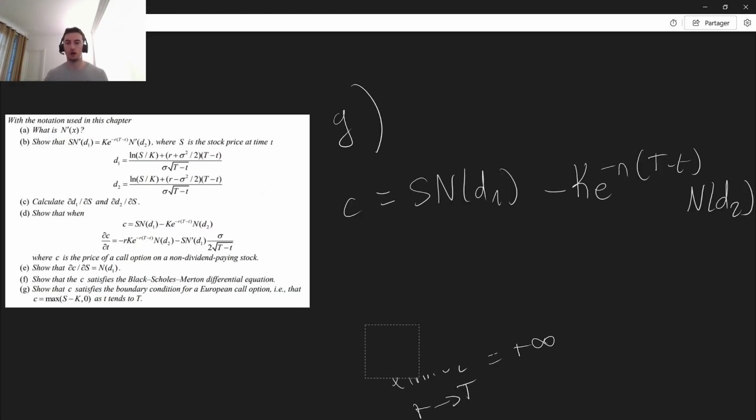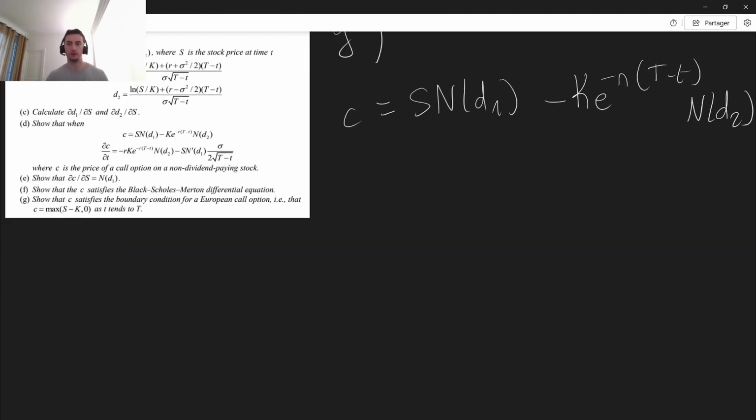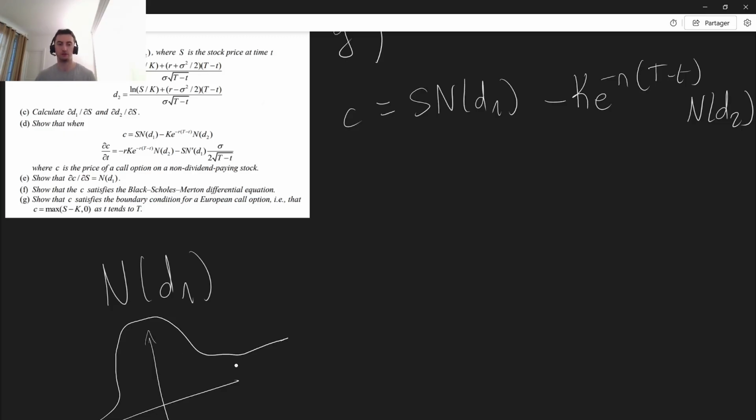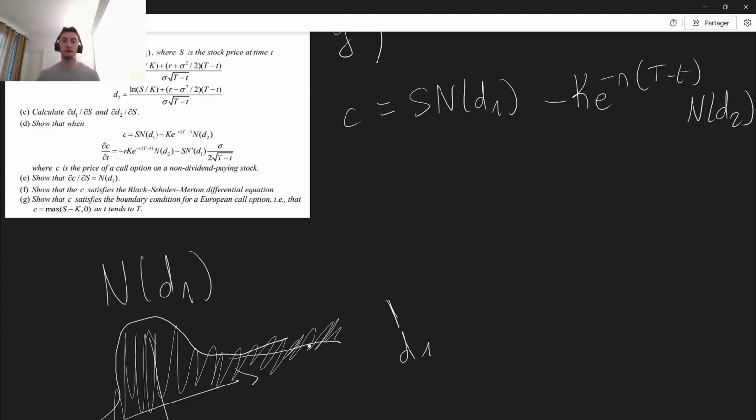Therefore, how does that help us? Well, we can get the limit for N of d1, because if you recall, this is the cumulative distribution function for the normal distribution. So if d1 tends to infinity, it's as if you take d1 all the way here and keep moving to the right, and you compute the area under the curve, then it tends to 1. This is how you can see it when t tends to big T, or when d1 tends to plus infinity.